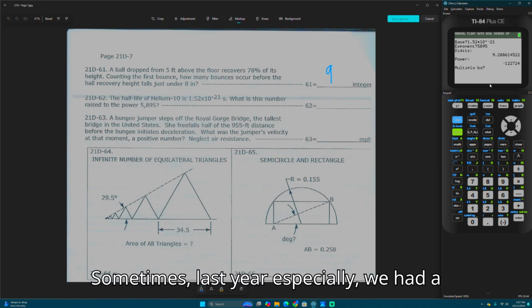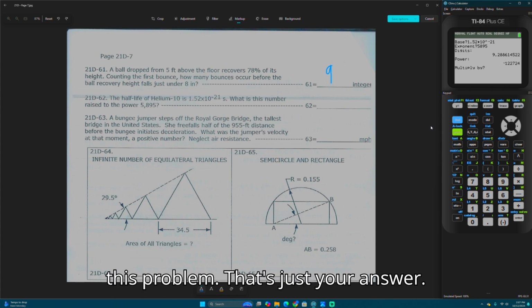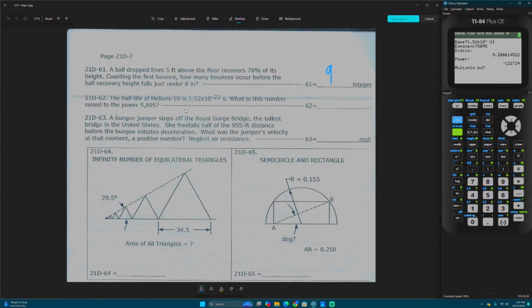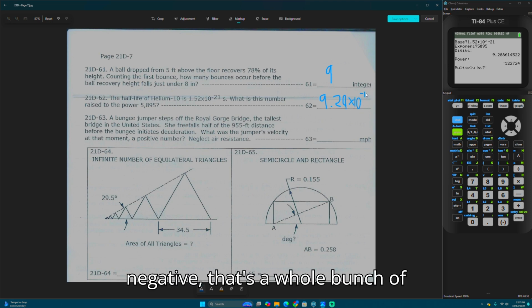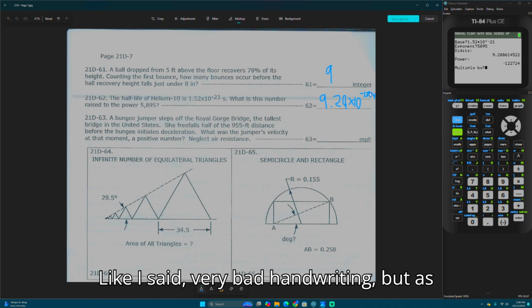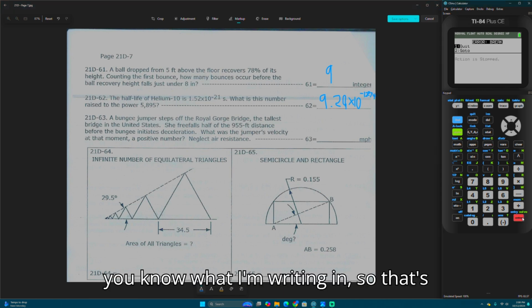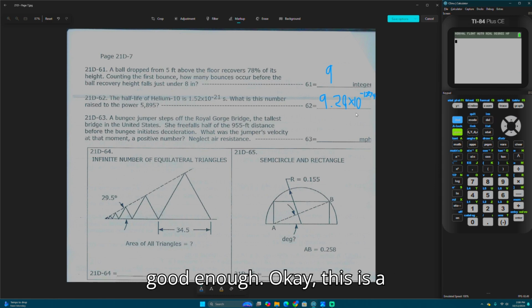Sometimes, last year especially, we had a problem that needed it, so I added it, but you don't have to worry about it for this problem. That's just your answer. 9.29 times 10 to the negative, that's a whole bunch of numbers, 2274. Terrible. Like I said, very bad handwriting, but as long as you can see it on the calculator, you know what I'm writing in, so that's good enough.